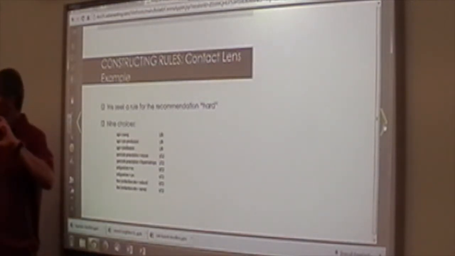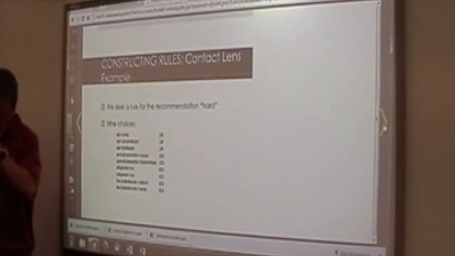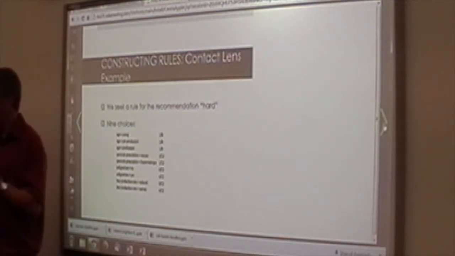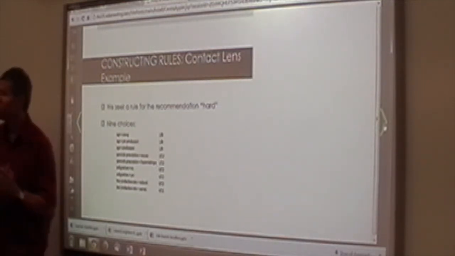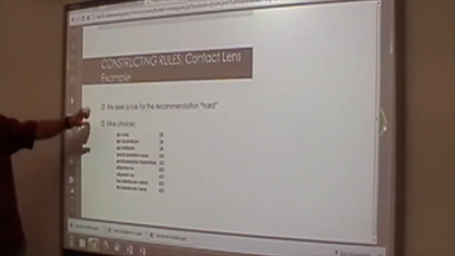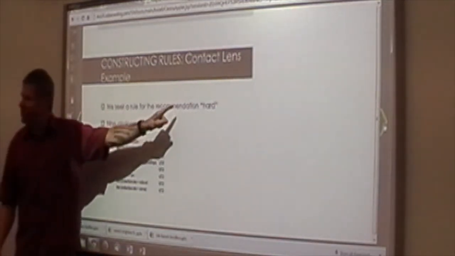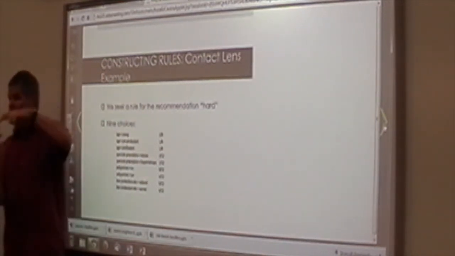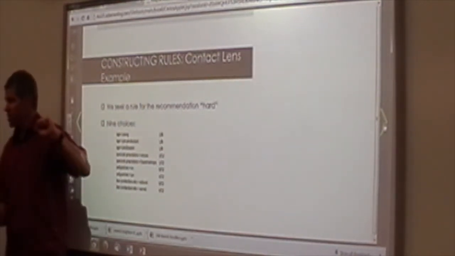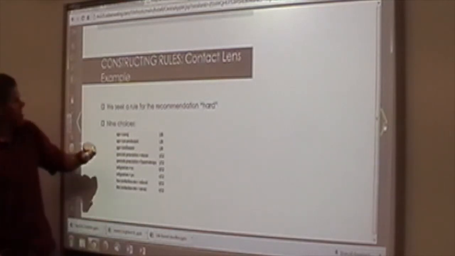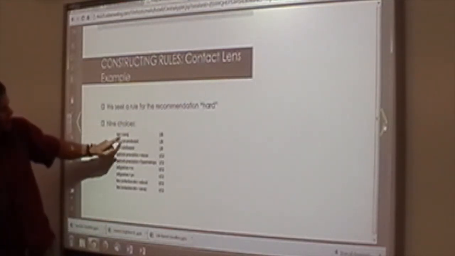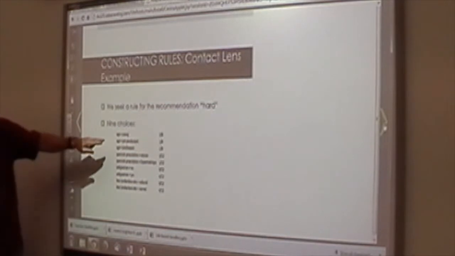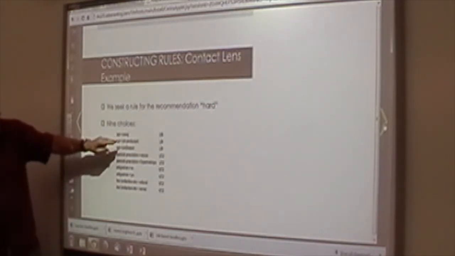Here's the example that I think will help us understand the difference between this approach and decision trees, although we end up with very similar outcomes. We're going to seek out a rule for a particular recommendation, so all the instances of hard lenses as our decision. We're going to end up with 9 choices, and I'm going to go back to the previous screens to explain exactly what I mean.